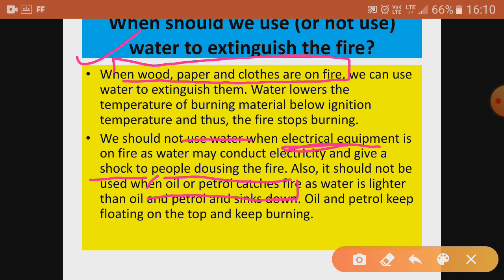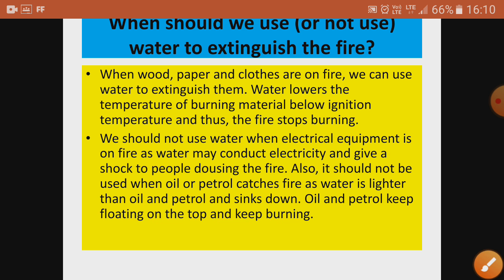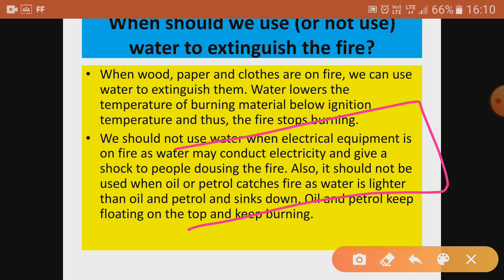The cause of the fire is the oil and petrol, and oil and petrol are lighter than water, so they will try to float on the water. For example, this is the oil and you are using water.